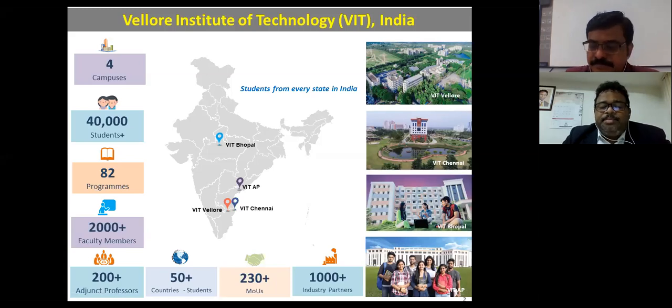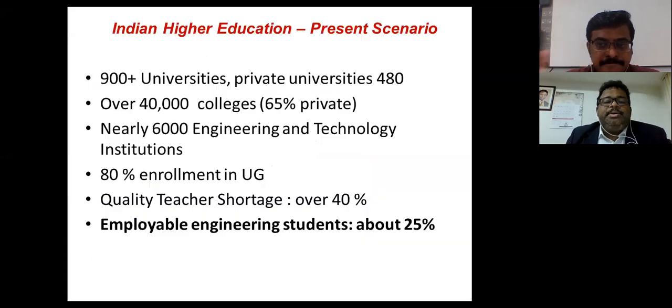We have about 240 MOUs and many industry partners also. VIT is an institution of eminence, recently recognized by the government, out of 20 in India. So with this small introduction of my institute, I would like to go to the topic.